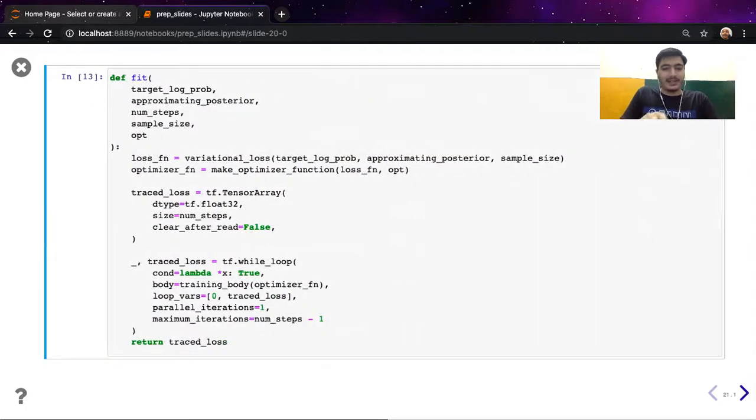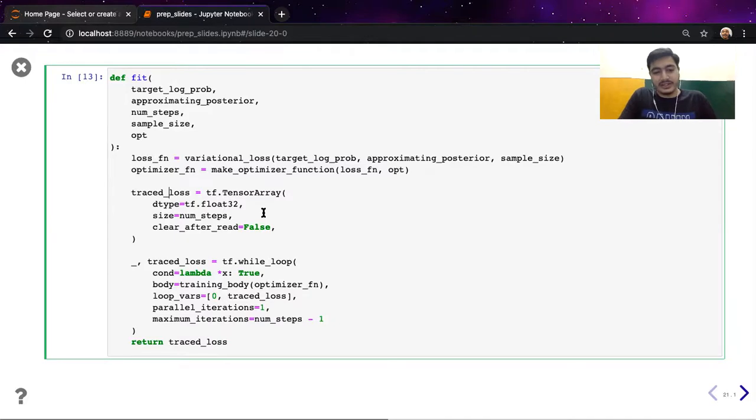Yeah, so here I just combined all the different subsections we discussed so far. We defined a loss function in terms of maximizing the ELBO. We define our optimization function, and I also put up an array to make sure we are tracing out the loss at each step, so we can see if it has actually converged or not.